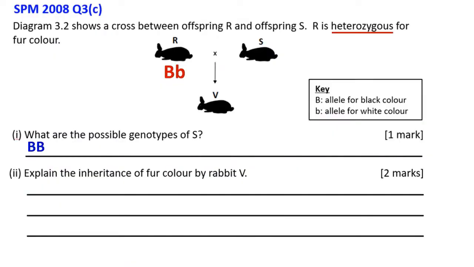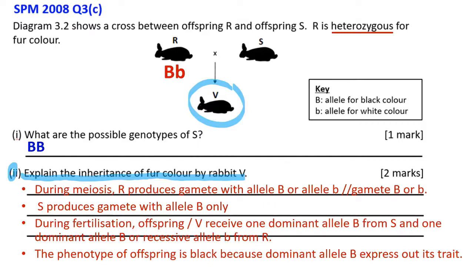Okay, let's come back to the question. Explain the inheritance of fur color by rabbit V using synthesis. So we just explain meiosis. R will produce gametes with allele big B or allele small b, and the other parent S will produce gametes with allele big B only.